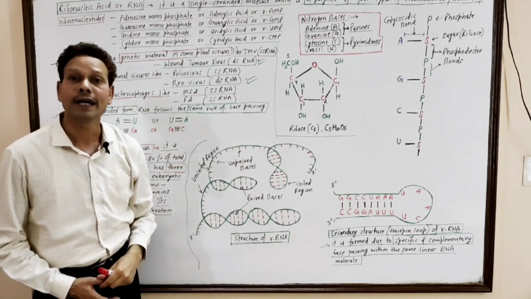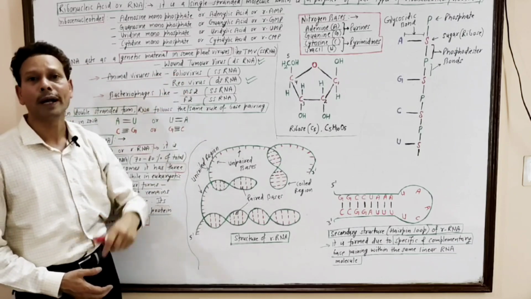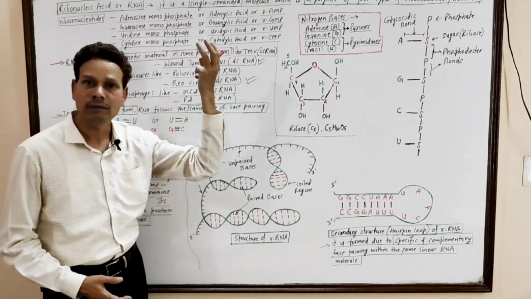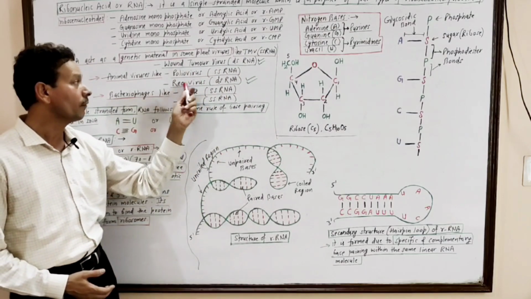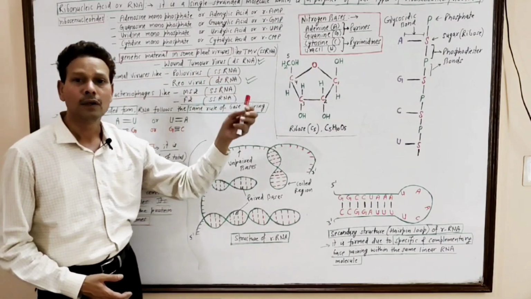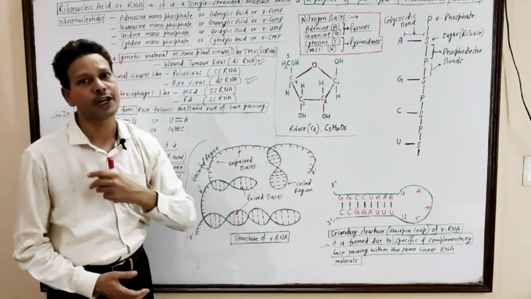In some other viruses like poliovirus, the RNA acts as genetic material and is single stranded, but in reovirus, the RNA is double stranded.